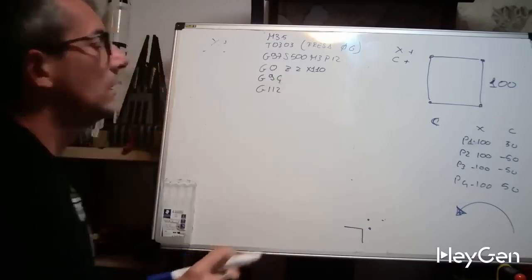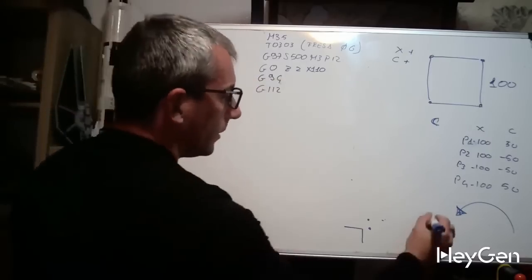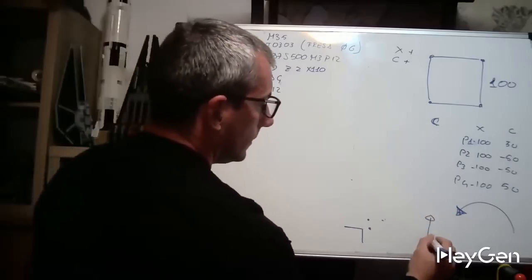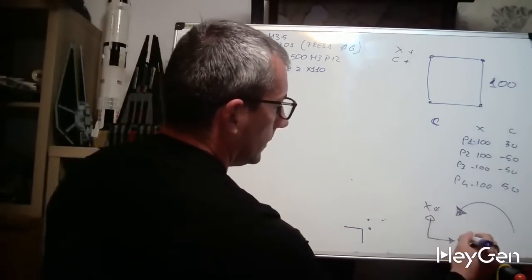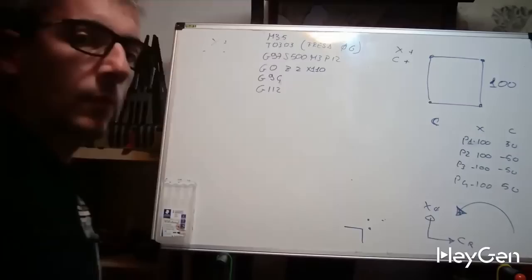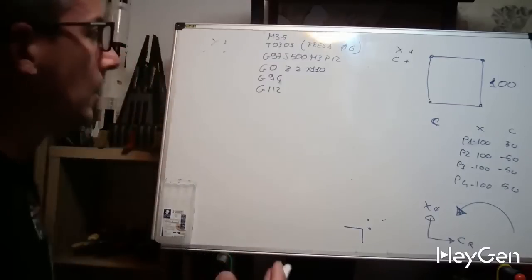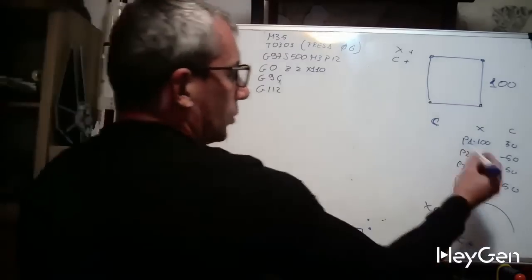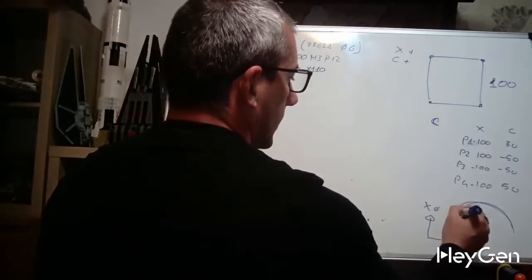Now, the machine knows it has to work according to the Cartesian coordinate system, where X represents the diameters, and C represents the radii. OK. In front of the head end of the piece. Well, we calculated the points by working counterclockwise.